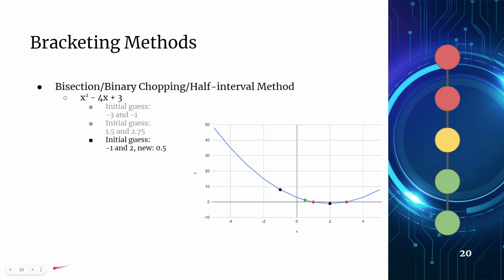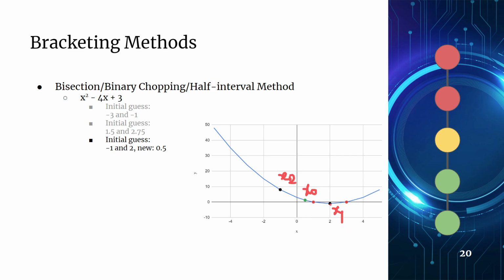Okay, let's just write it out. I'm claiming this point to be x2, this point to be x1, and this point to be x0.